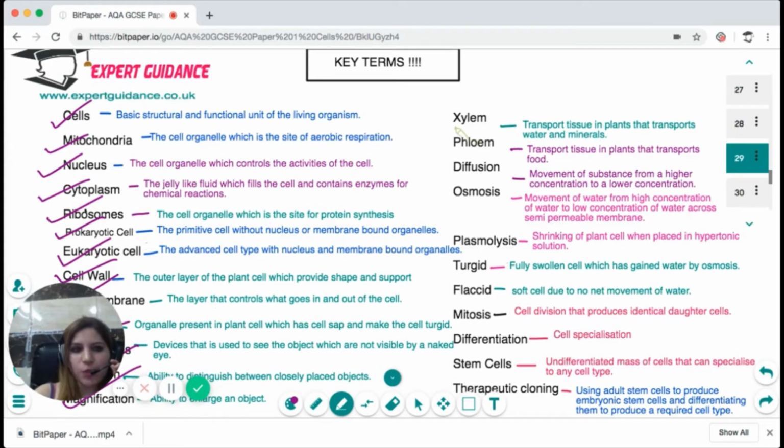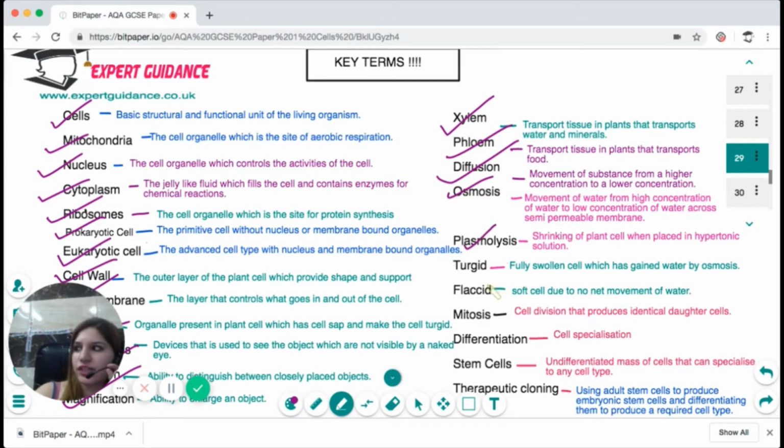Xylem is a transporting tissue that transports water and minerals. Phloem transports food. Diffusion is the movement of substances from higher concentration to lower concentration. Osmosis is the movement of water molecules from a region of high concentration of water to low concentration across a semi-permeable membrane. Plasmolysis is the shrinking of plant cell when placed in a hypertonic solution.